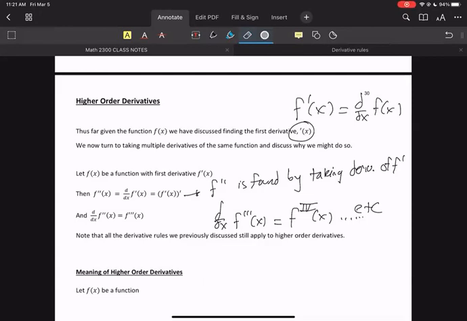But in some contexts, higher order derivatives have meaning. Folks, mostly what I'm trying to get across here is the notation, right? When you have another apostrophe, it just means you're doing another derivative, and you can just keep doing it forever. Is that okay? Your thoughts about that?